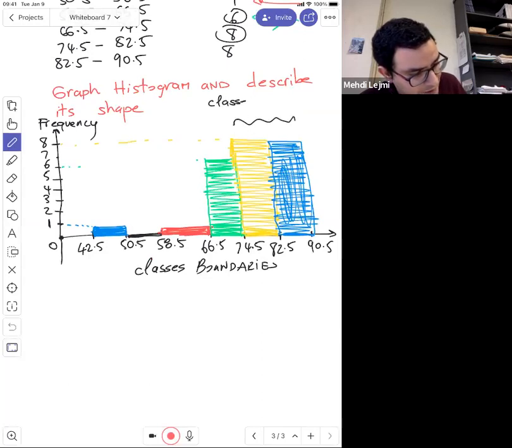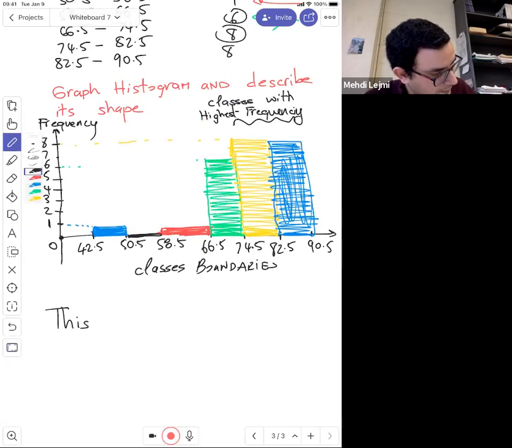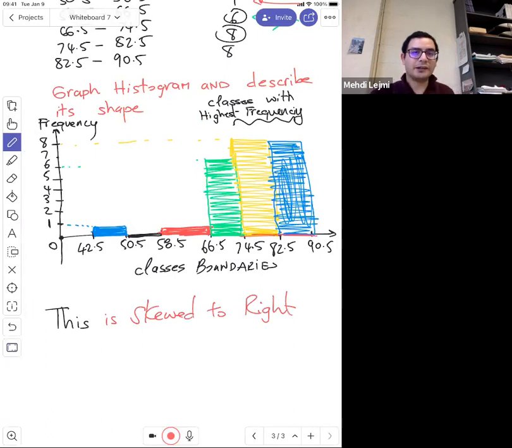I have 2 classes here with the highest frequencies. In this case, this is skewed to the right, because on the right side we have our classes with the highest frequency.